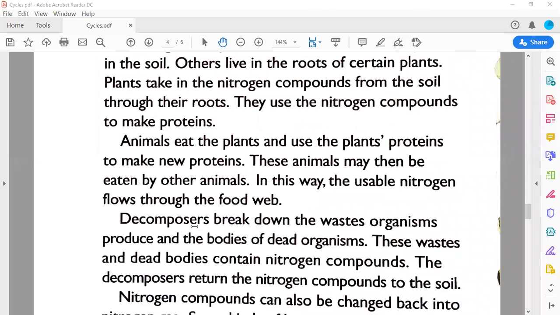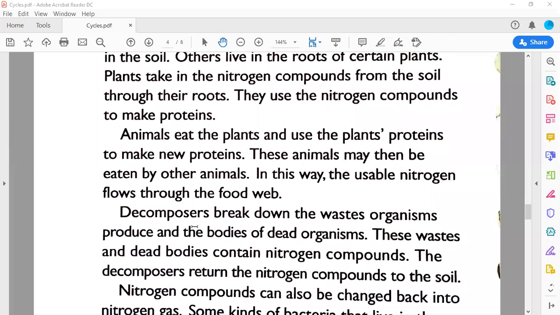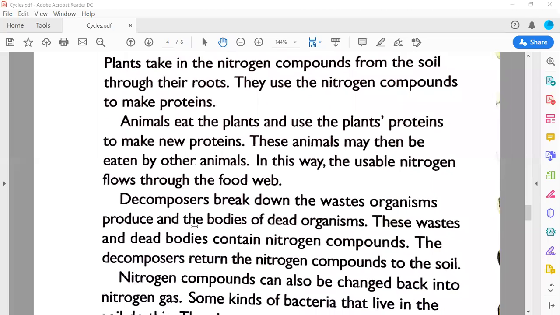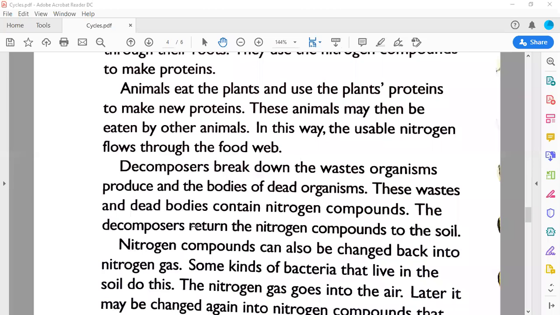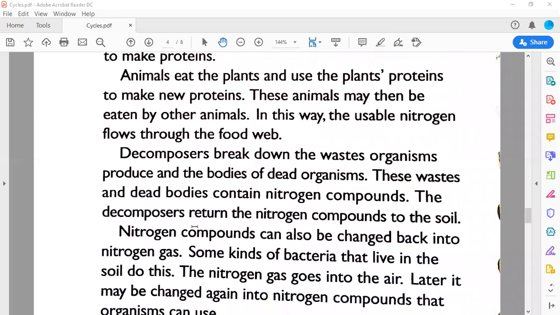Animals eat the plants and use the plants' proteins to make new proteins. These animals may then be eaten by other animals. In this way, the usable nitrogen flows through the food web. Decomposers break down the wastes of organisms and dead bodies that contain nitrogen compounds.